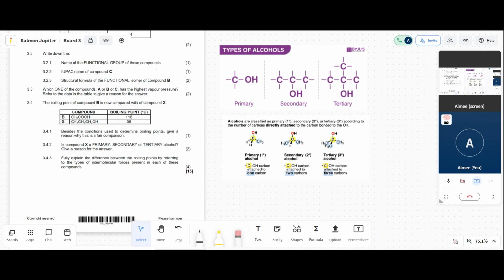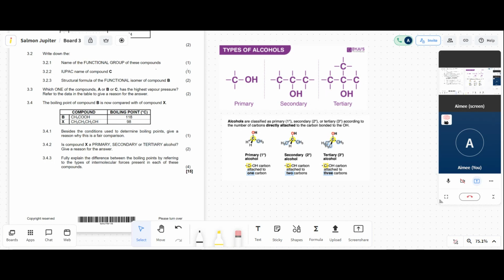Okay, so compound X is propan-1-ol. It's an alcohol, but it only has one site for hydrogen bonding. Okay, it's only got one site where an oxygen and a hydrogen are bonded together. Compound B, which is ethanoic acid, also known as a carboxylic acid, has 2 or more sites for hydrogen bonding.